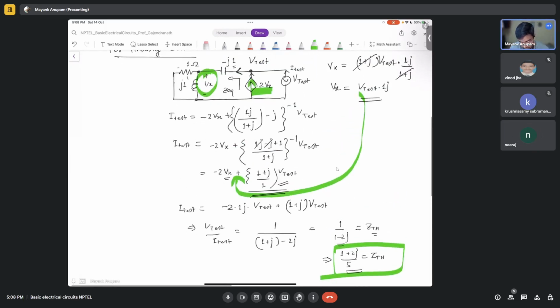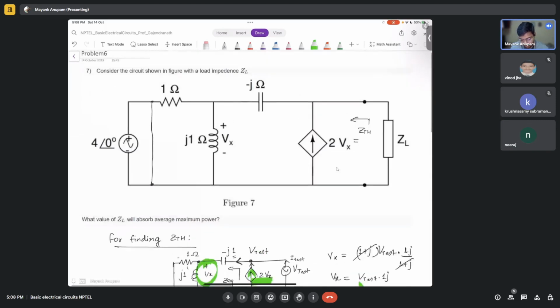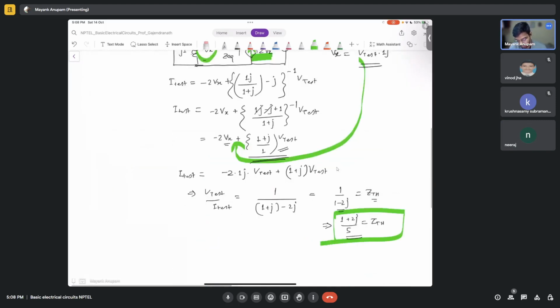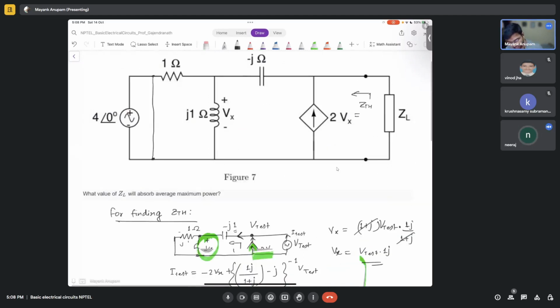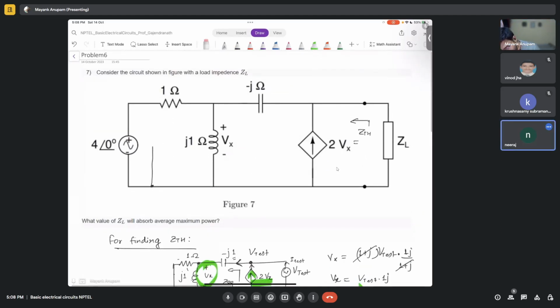Now, what do we need to find out? What is VTH, right? We also need to find out VTH. Yes, sir. So what is VTH? How will you do that? Simply open it here. You open it here, and then you find out what is VTH, right? So again, tell me what is VTH.